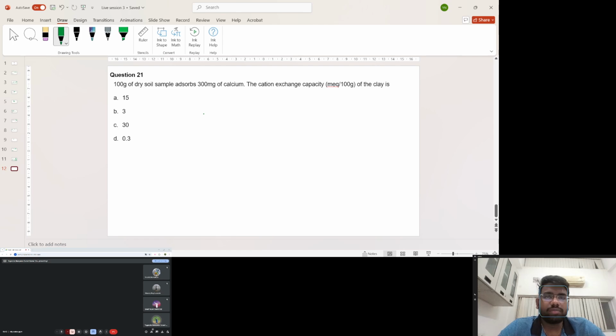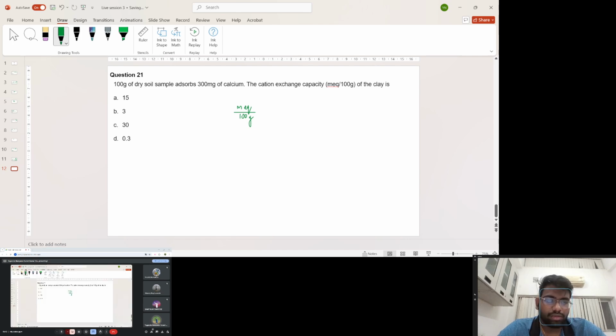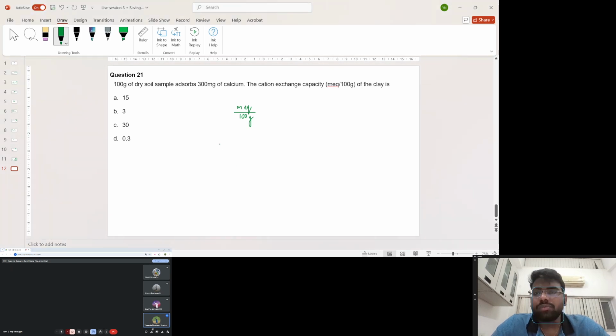It is the ability of the ions to get exchanged, that is, to get adsorbed. It is defined in the unit of milli equivalents per 100 grams. So I will solve this problem.